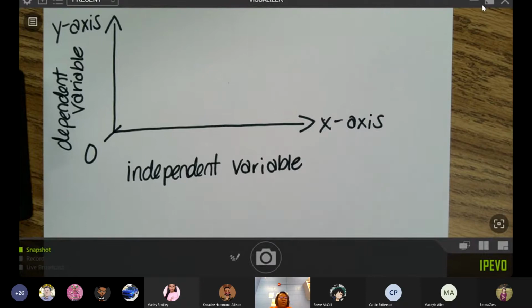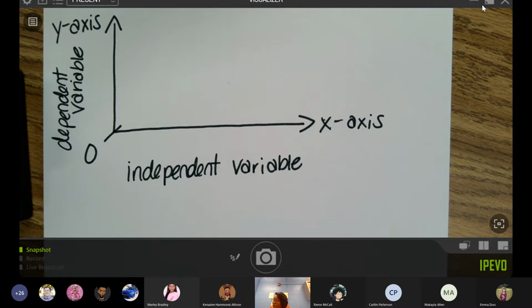So to add to our little chant, our little kinesthetic activity: X, X, X, X, Y, Y, Y, Y. Independent, independent, independent, independent, dependent, dependent, dependent, dependent. Our independent variable will be graphed on our x-axis. Our dependent variable will be graphed on our y-axis. Okay?